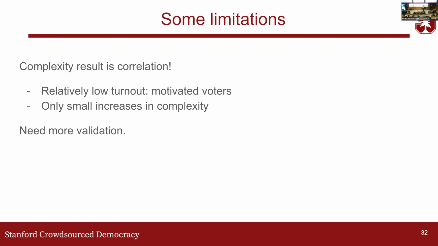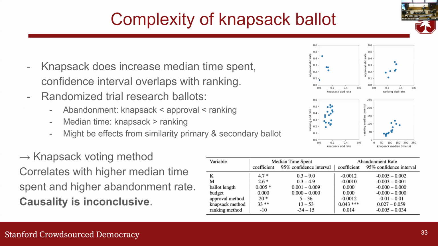What we do know is that it's a fairly specific situation with a fairly specific voter audience. These are motivated voters, and there are only small increases in complexity. So of course, don't try to go wild and create super complex ballots and expect that people don't drop out. There will definitely be more validation needed for that kind of assumption.